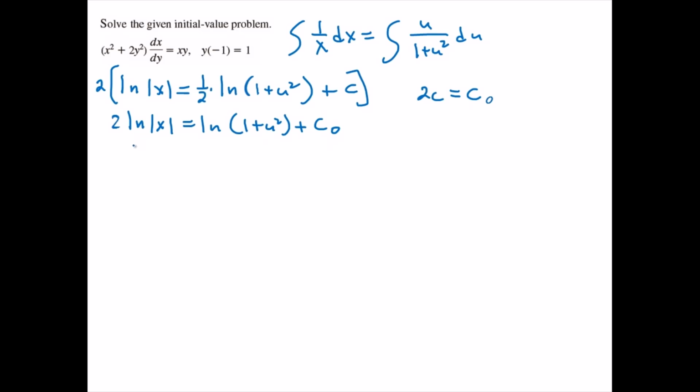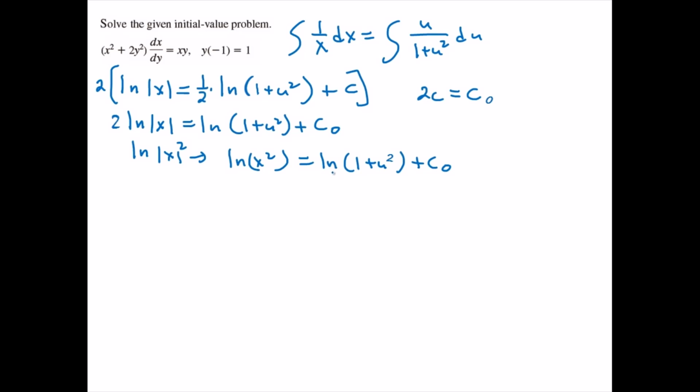So that 2 times the natural logarithm of x, of course, that will be the natural logarithm of the square of the absolute value of x, but that's going to be the same as the natural logarithm of x squared. So x squared is the same as the absolute value of x and then squared. And that will be equal to the natural logarithm of 1 plus u squared plus this c sub 0.